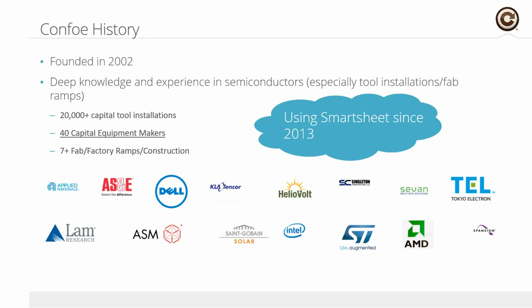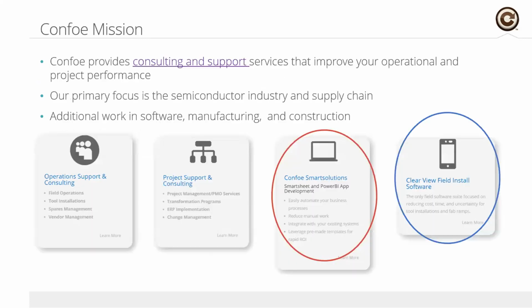You can see a sampling of our clients there at the bottom. Our mission is to provide consulting and support services to improve operational and project performance. Again, primary focus is on the semiconductor industry and the semiconductor supply chain, but we've done a lot of other work in software, manufacturing, and construction. You can see the things that we'll do for you below.